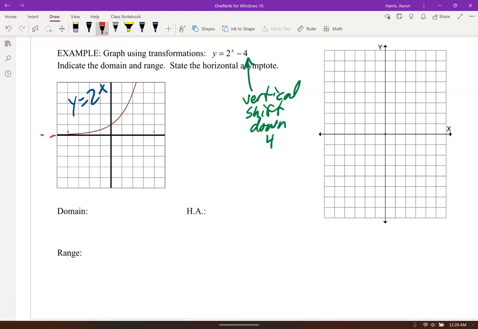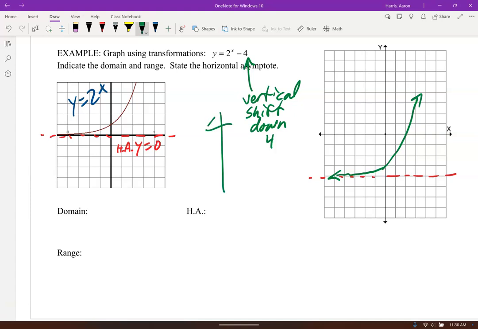And we know the original function had a y equals 0 horizontal asymptote. So if we bump that whole thing down 4 on the graph, it'll be y equals -4, and every other point would be similar, right? Again, I'm not drawing this perfectly because I haven't plotted any points, but it would be that exact same graph down 4, right?